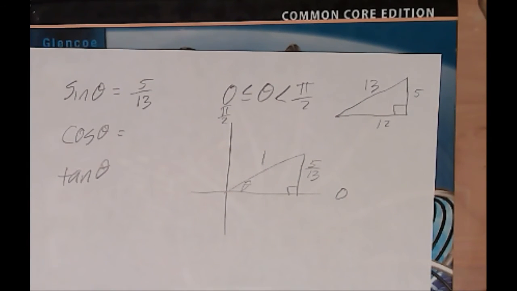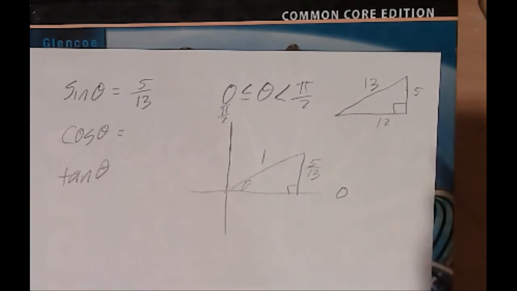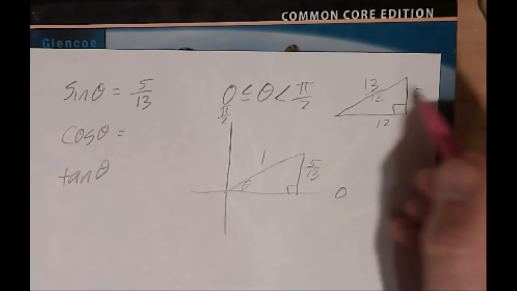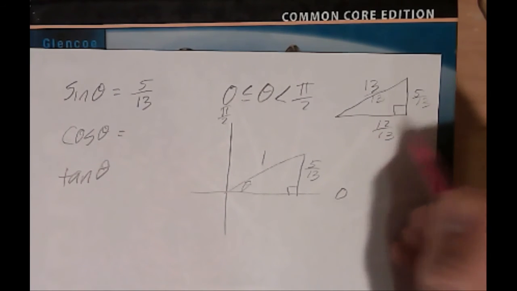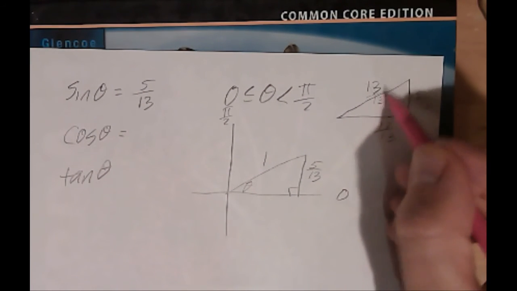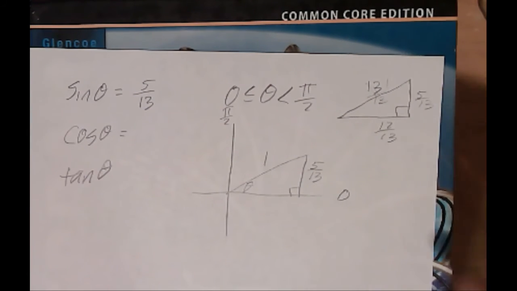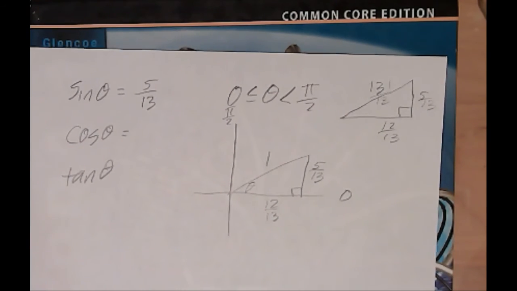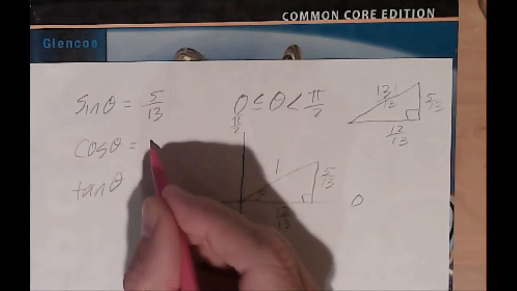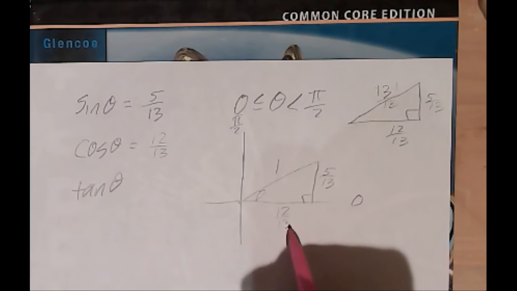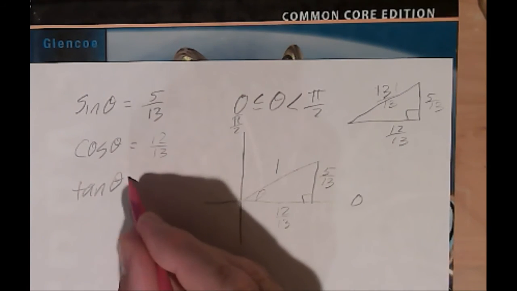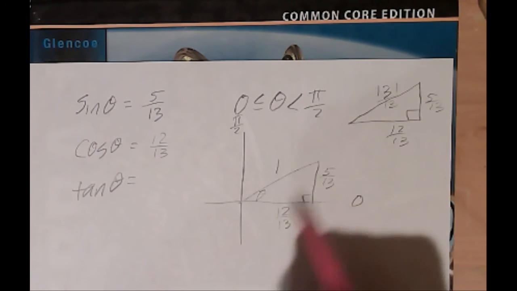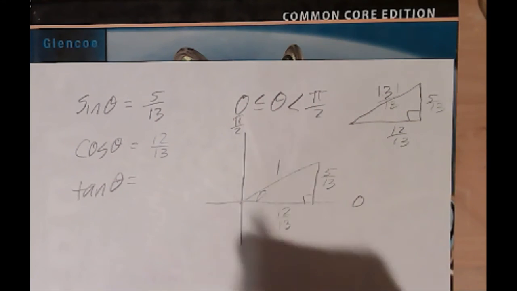If I divide everything by 13 to make the hypotenuse equal to 1, that's how this is 5/13 and this is 12/13. So the cosine is 12/13 because it's adjacent over hypotenuse. And the tangent is opposite over adjacent, which is 5/12 because the 13s cancel.